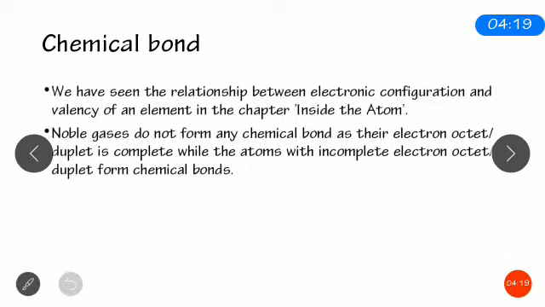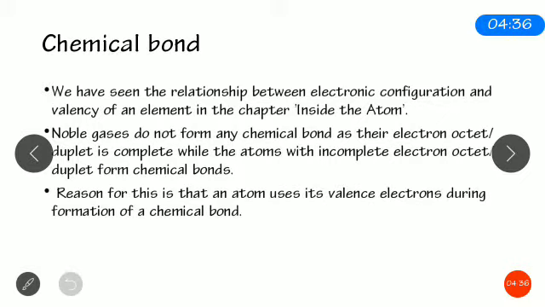This means that noble gas does not need any addition of electrons because their last shell is completely filled. Because the electrons are completely filled in the last shell, it is called a noble gas. The reason for this is that the atom uses its valence electrons during formation of chemical bond.